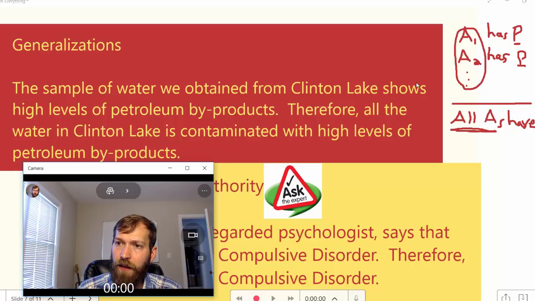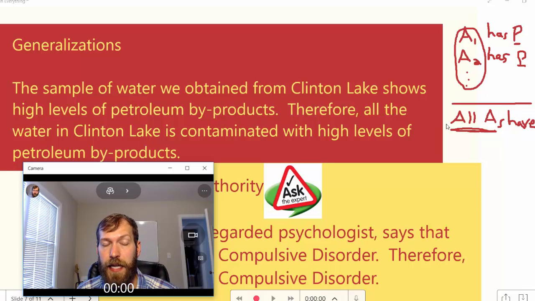So we have that sample, right? Because we have these samples of water. They have a particular property, in this case being contaminated with petroleum byproducts. So we generalize out to the claim that all of the water, every bit of the water that is in Clinton Lake, is going to be contaminated with petroleum byproducts.